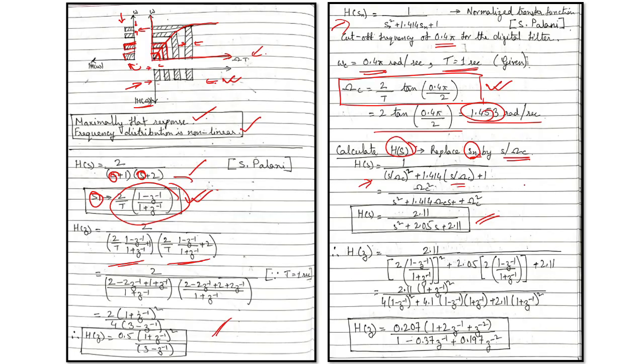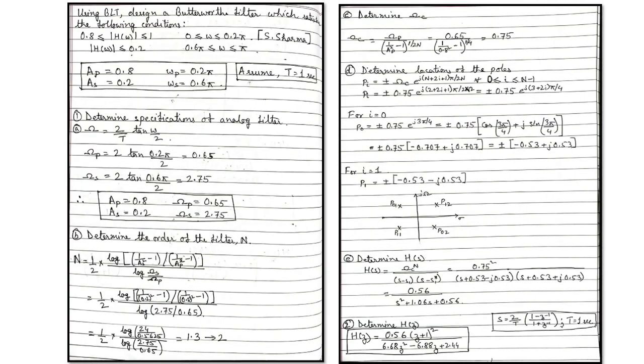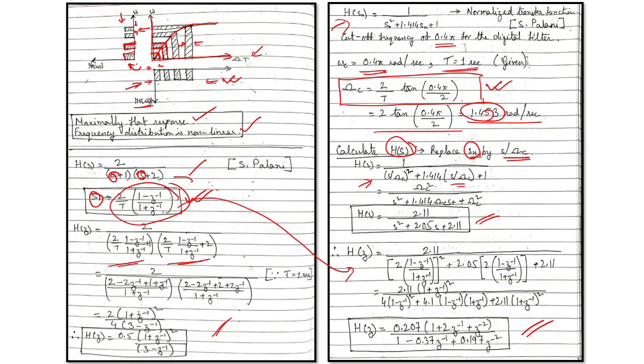Once you have got H(s), the simple method is to put the bilinear transformation equation over here to get H(z), that is the digital filter. So in the next class, we will be discussing the Butterworth filter. This is it till now. If you have any questions, we can discuss.